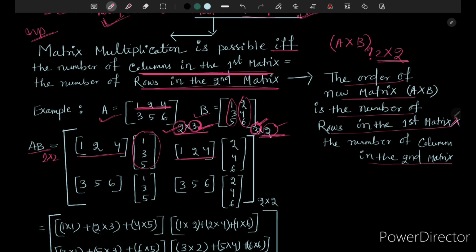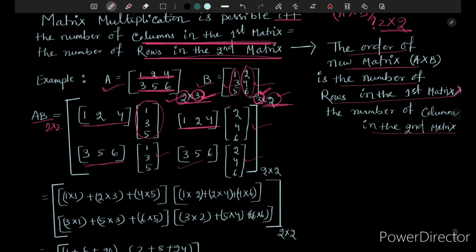Similarly, we multiply the second row of the first matrix, that is 3 5 6, with the first column of the second matrix, that is 1 3 5. Again we multiply the second row of the first matrix, 3 5 6, with the second column of the second matrix, that is 2 4 6. So this is the second step.